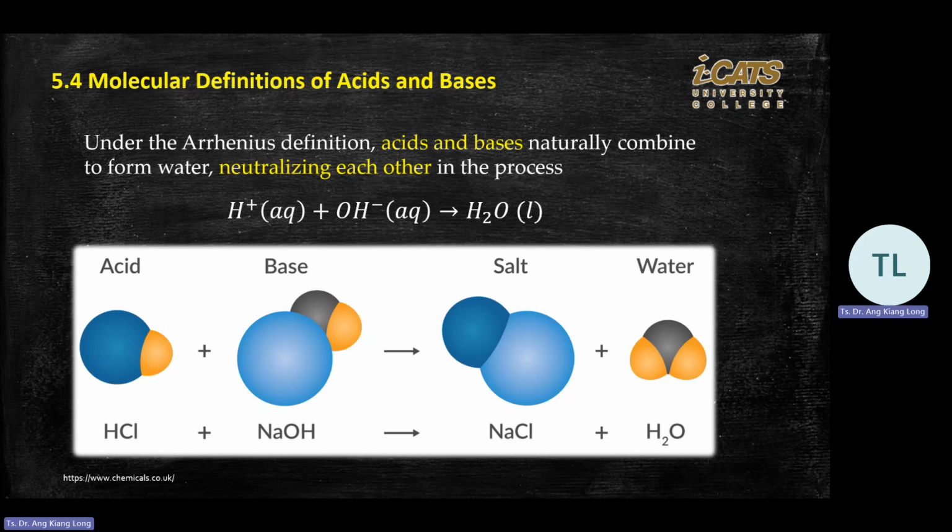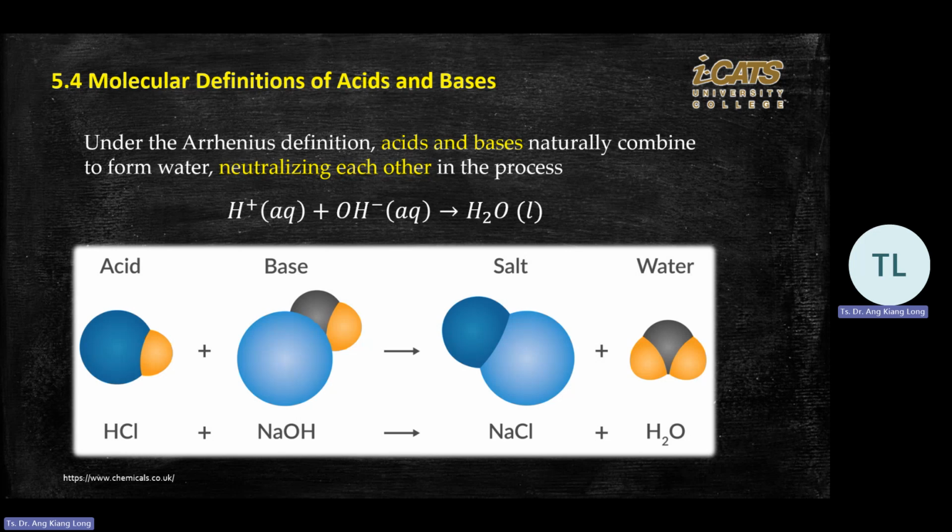So in chapter 5 questions, usually if you see neutralization in the question, you need to write the acid equation, you need to write the alkali equation, you need to write the neutralization equation, which is acid plus base becomes a compound, or in this case, salt plus water. So in this diagram, sometimes the question will ask you, what is the salt that will be formed?